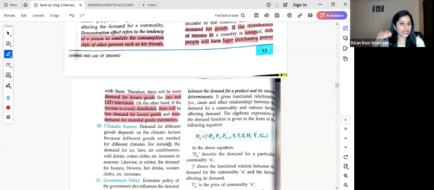Like how in the plains we have all the seasons: summer, spring, winter, rainy, monsoon. If you go to Cherrapunji, throughout the year it rains. So there, umbrellas and raincoats will sell throughout the year in Cherrapunji, which receives the highest rainfall.